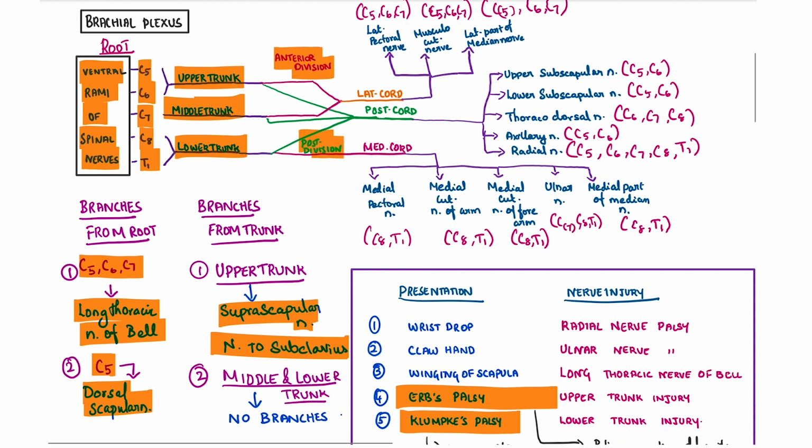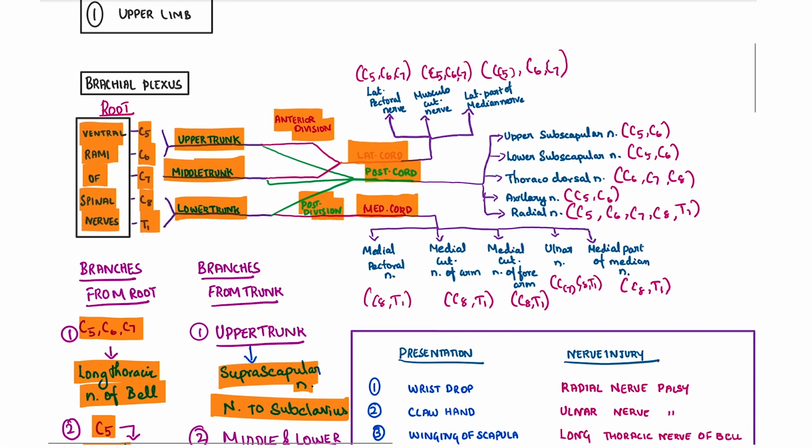The anterior divisions of the upper and middle trunks give rise to the lateral cord, while the anterior division of the lower trunk gives rise to the medial cord, and the posterior divisions of the upper, middle and lower trunks give rise to the posterior cord.